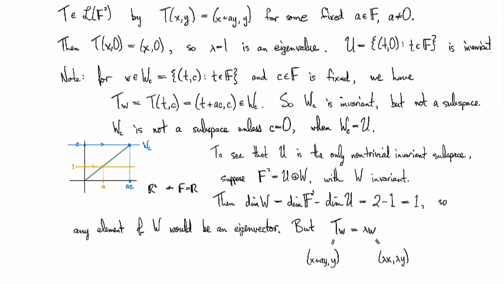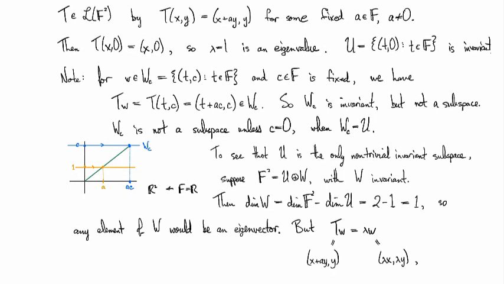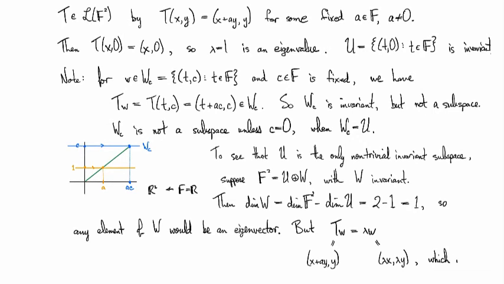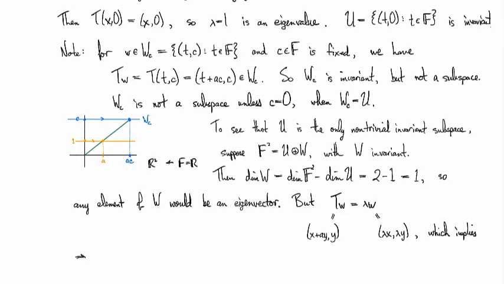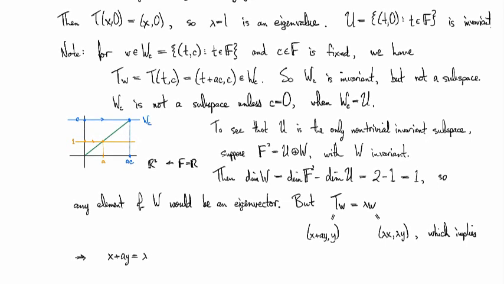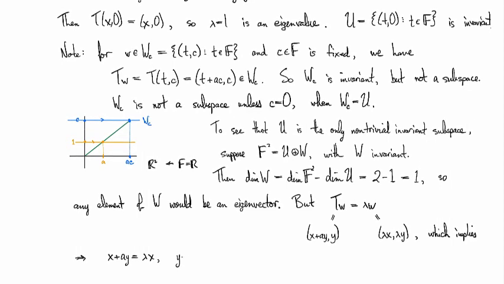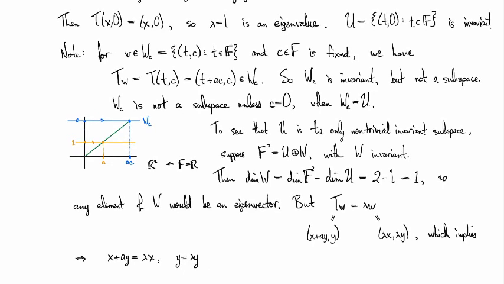Right? And so if these two are equal, then what do we see? Well, comparing the first coordinates, we get x plus AY equals lambda x. And comparing the second coordinates, we get y equals y lambda.